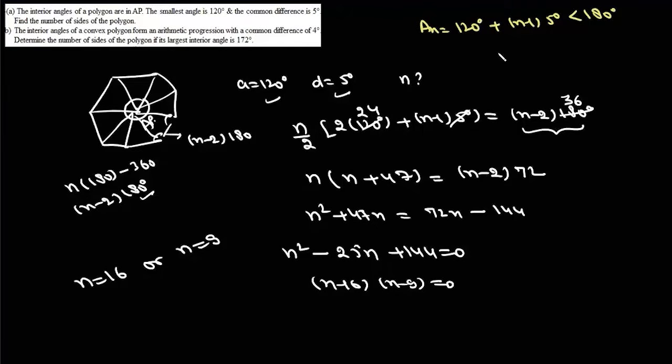If we divide by 5, we can write 24 plus (n minus 1) should be less than 36, or n should be less than 13. So the only answer that we are going to accept in this question is n equals 9, and we are going to discard n equals 16.